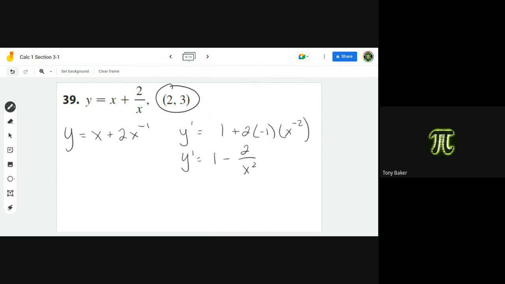We're going to plug the 2 in for x. That will find my slope at that point. So my slope at that point is 1/2.